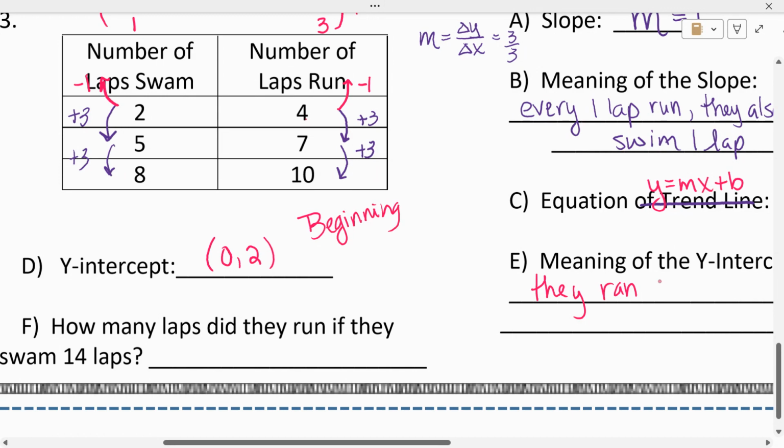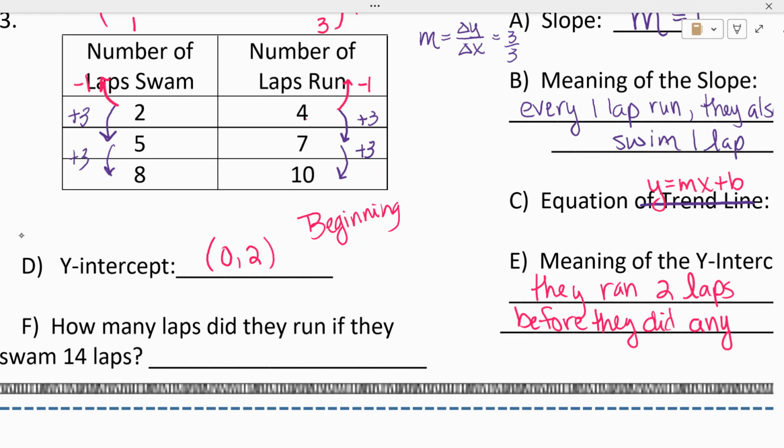So it means that they ran 2 laps before they did any swimming, right? Because the laps and the swimming, when you think about slope, is 1 to 1, like 1 lap of running, 1 lap of swimming. But before he did that, he ran 2 laps before they did any of the swimming.